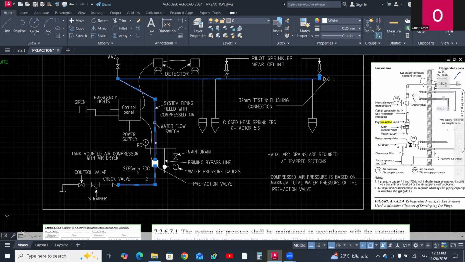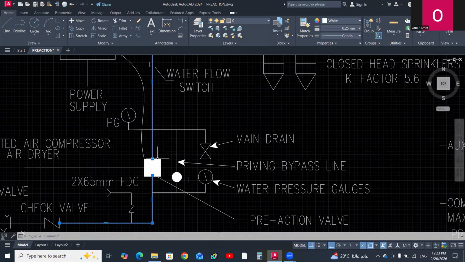By the reduction in air pressure inside pipes, the pre-action valve, which has a differential clapper kept closed by the air pressure or nitrogen pressure, opens once the air pressure drops, allowing water to flow.